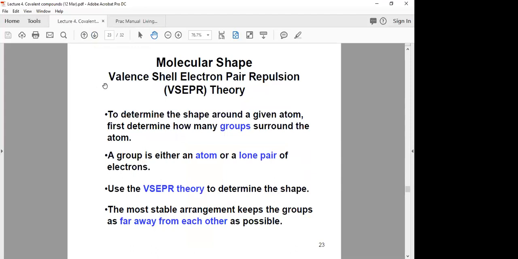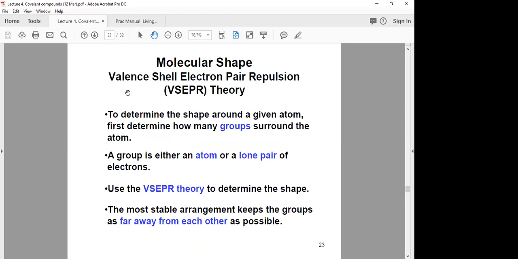All right, moving on from naming covalent molecules, and now we're going to look a little bit at how to determine the molecular shape of a given compound, a given covalent molecule. That is, what do we know about the geometry of these molecules? The geometry is actually predicted by this theory called the valence shell electron pair repulsion theory, or simply VSEPR.